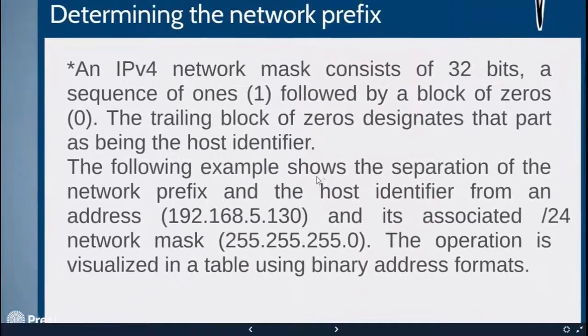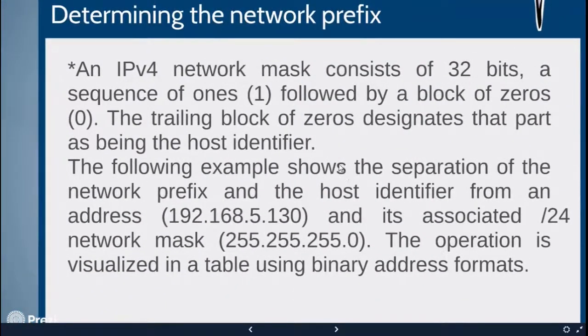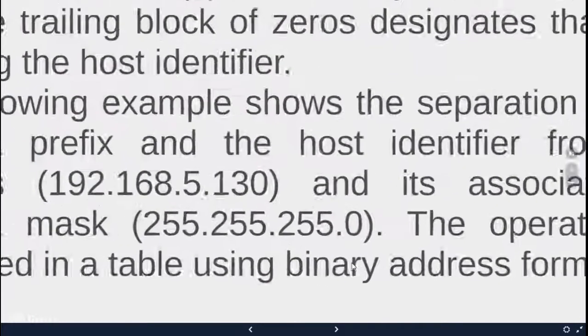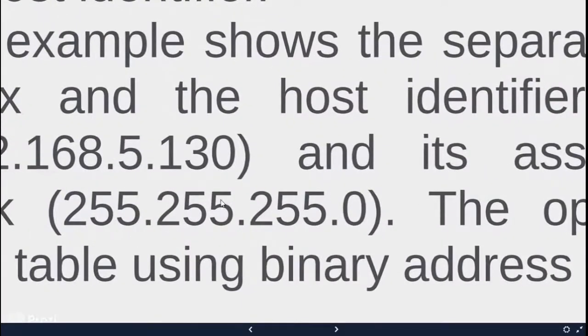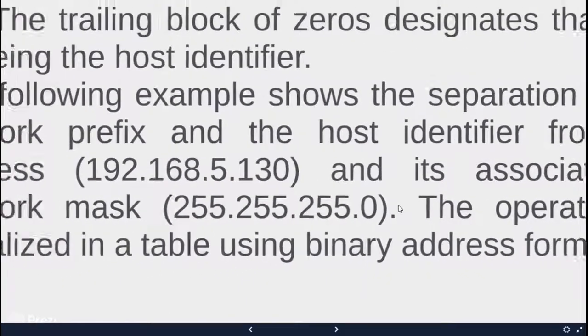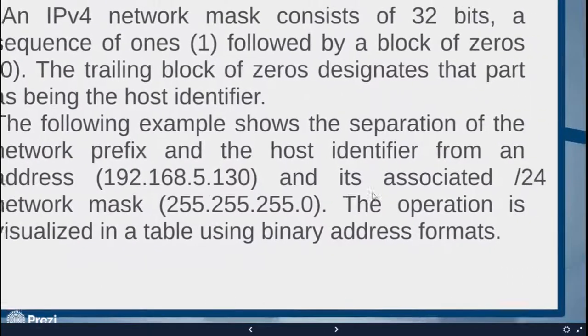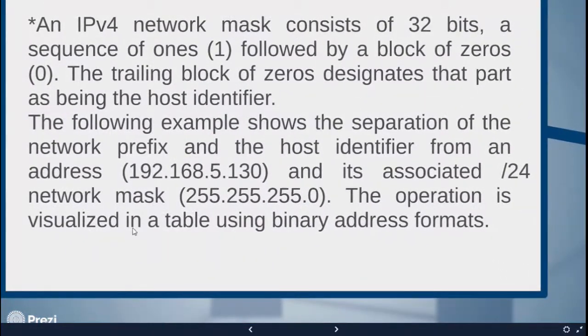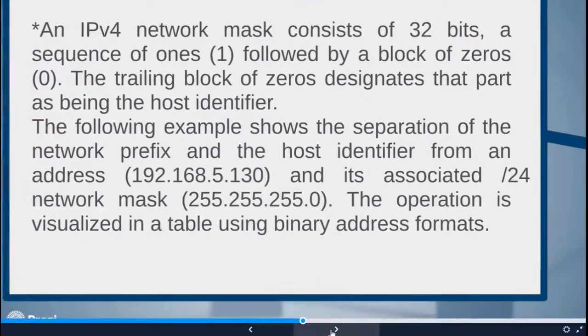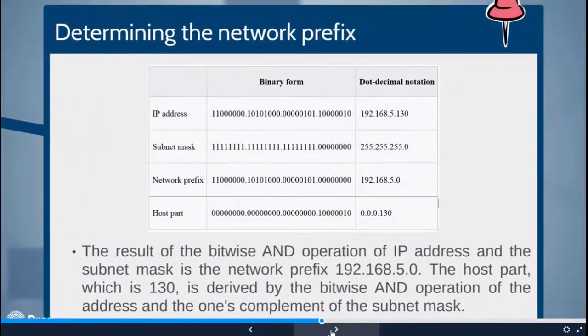Okay, and the following example shows the separation of network prefix and the host identifier from an address 192.168.5.130, and its associated /24 means actually that it is the 255.255.255.0 subnet mask. The operation is visualized on a table using binary address formats.